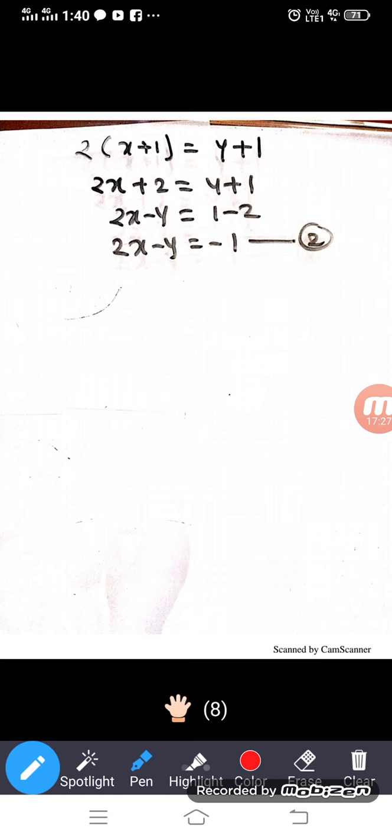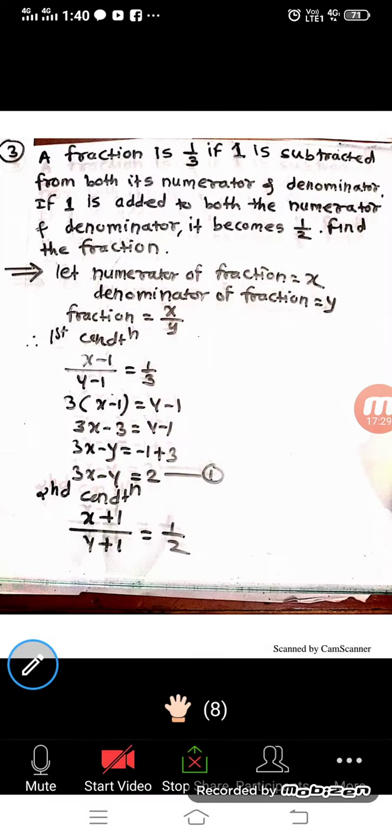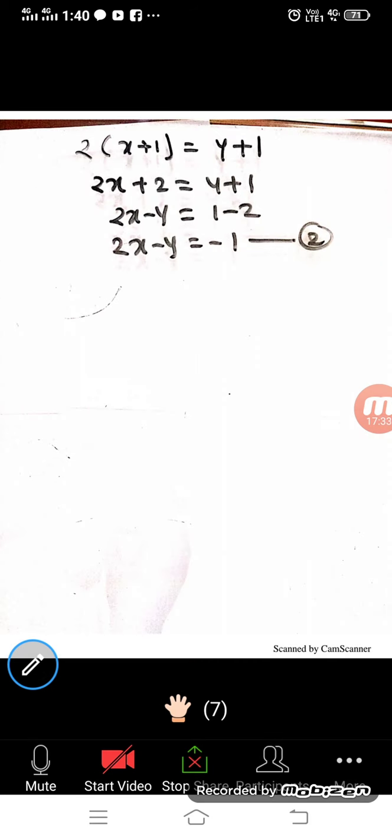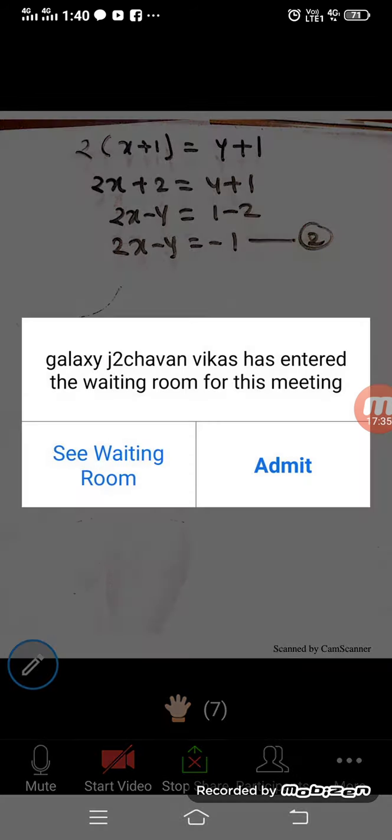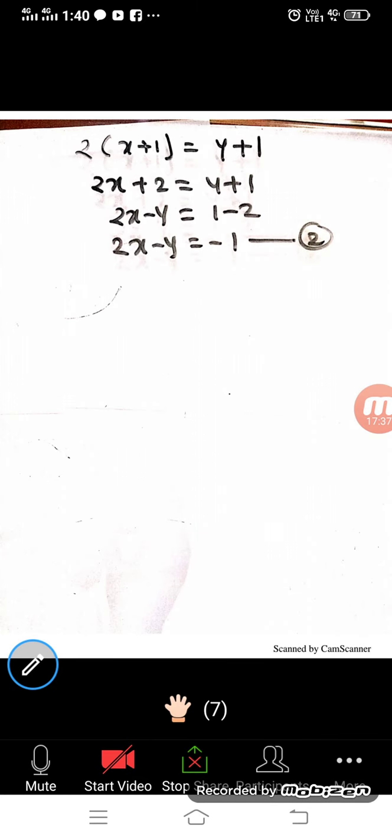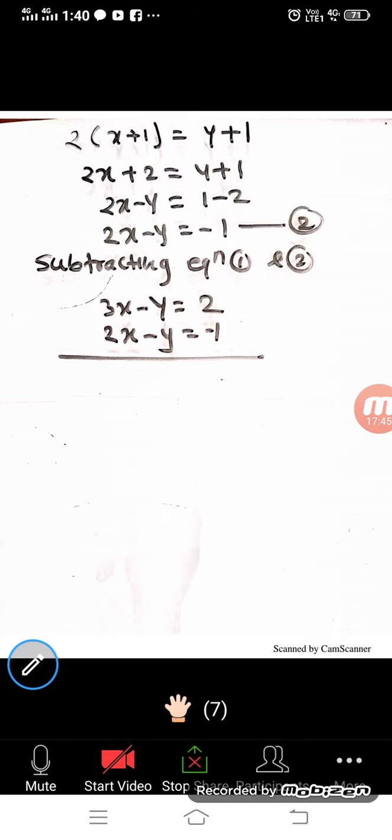From equation 1 and 2. Equation number 1 is 3x minus y is equal to 2 and equation number 2 is 2x minus y is equal to minus 1. Then coefficient of y is the same, having same sign. Then subtracting equation 1 and 2. Then we get 3x minus y is equal to 2 minus 2x minus y is equal to minus 1.